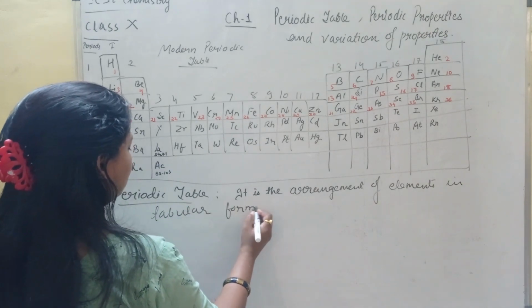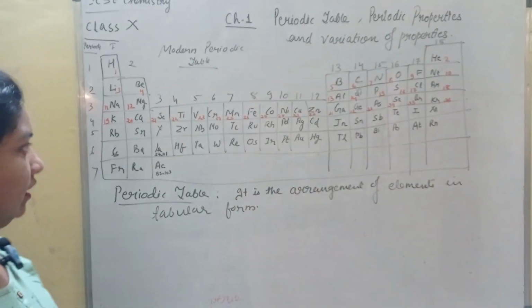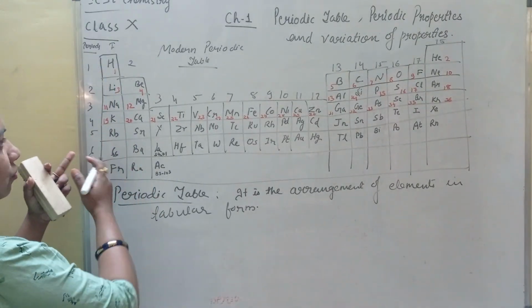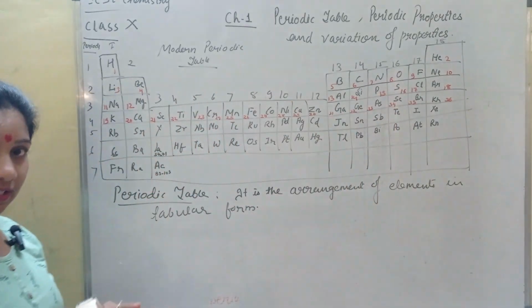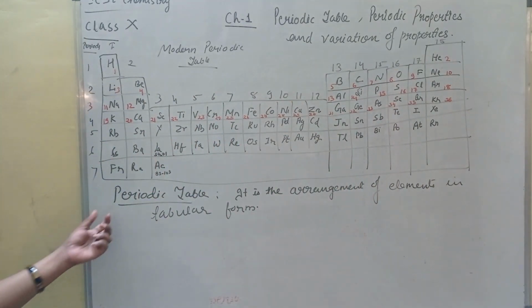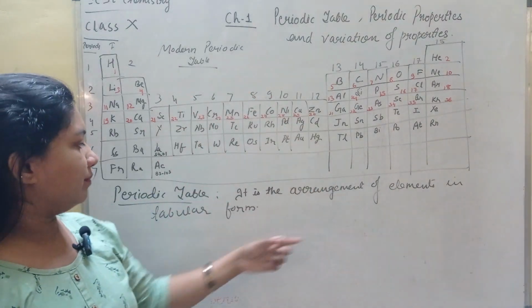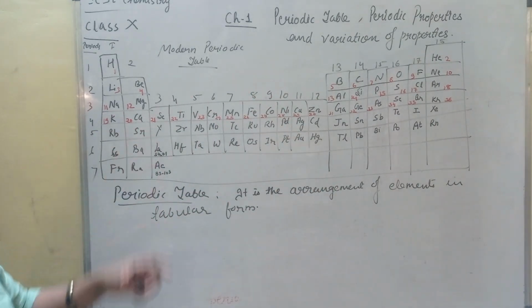Why we are saying tabular form? Because it is a type of table only, in which you can see some numbers written over here and some numbers written in horizontal form, so that we will see what they are actually. Okay, so periodic table, it is the arrangement of elements in a tabular form, and this is the modern periodic table.